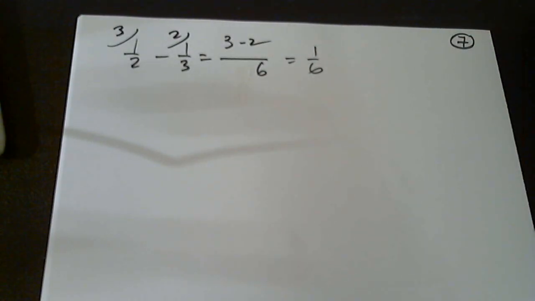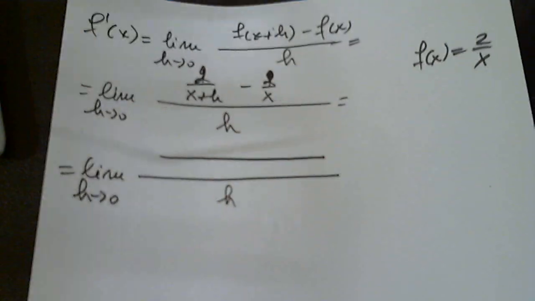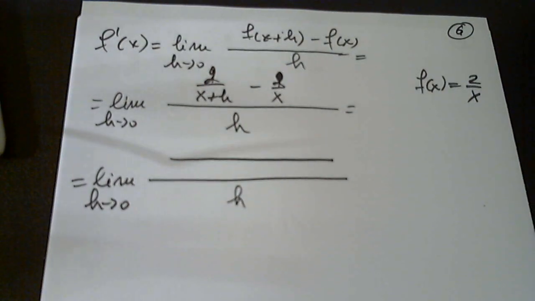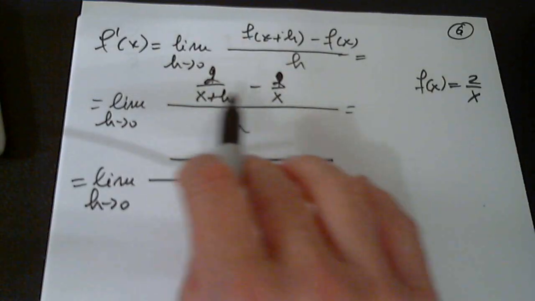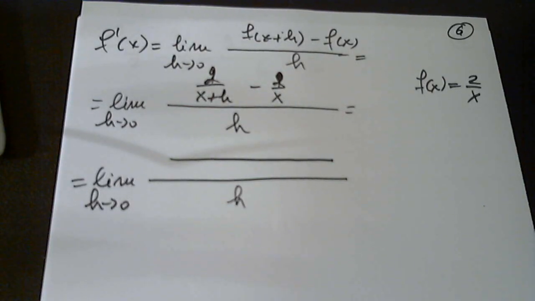Okay, so coming back. What is the least common denominator? They have nothing in common. There are no common factors of x and x plus h. Nothing. They're carved in stone.